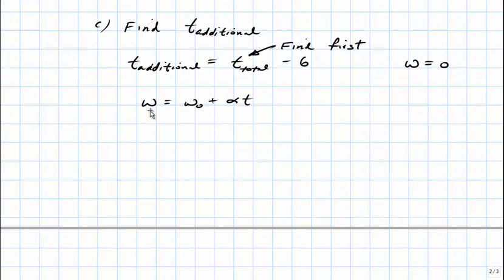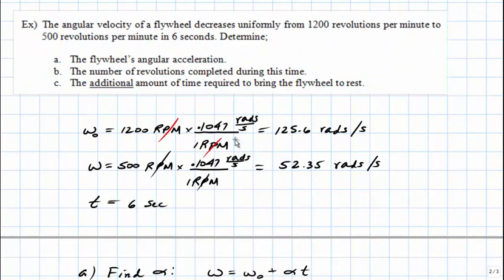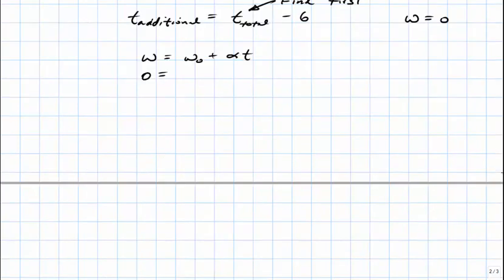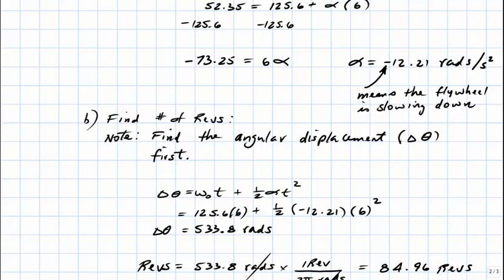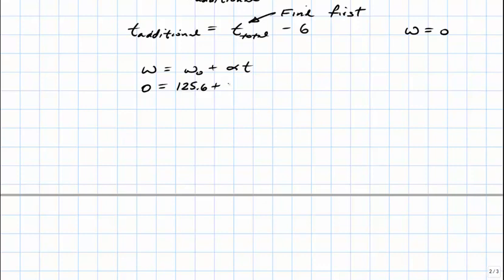Omega in part C, which is the wheel's final angular velocity, which is stated, equals 0. The initial angular velocity was given as 125.6. The angular acceleration was calculated as negative 12.21. And we need to find the time.